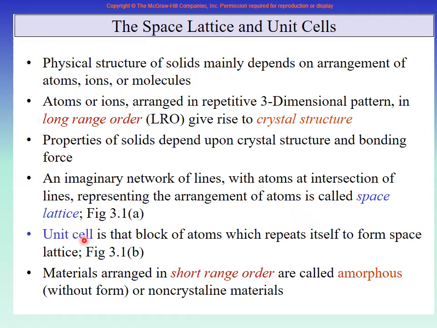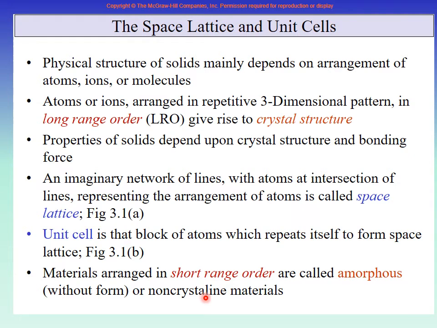A unit cell is that block of atoms which repeats itself to form the space lattice. So there are hundreds and thousands of repetitions of what is the unit cell. Materials arranged in short range order, not long range, in short range order, do not have a crystal structure, and are called amorphous, without any geometric form, or non-crystalline.